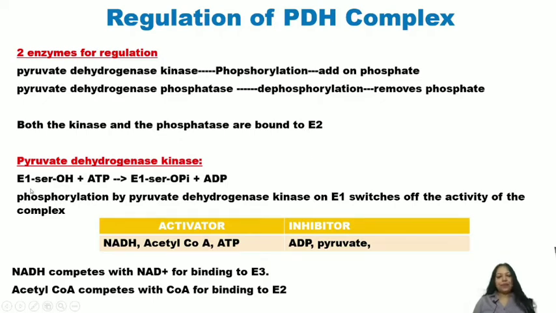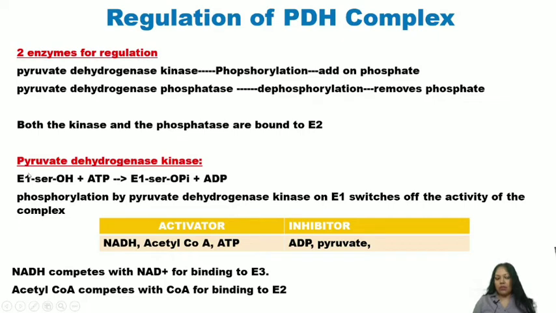So let's explore a bit more about the detailed role of pyruvate dehydrogenase kinase. Yes, it binds to the E2 subunit, but it causes phosphorylation of the E1 subunit, which contains serine at the active site.